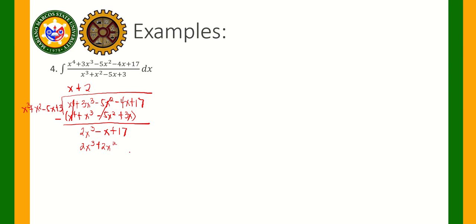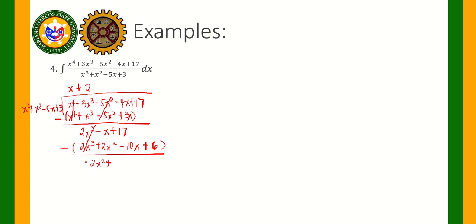And then 2 times negative 5x, negative 10x. Then 2 times 3, that is equal to positive 6. Okay, so we subtract again. So this will cancel. And then bring down negative 2x squared. And then negative x, negative negative plus. So that is equal to positive 9x. Okay?